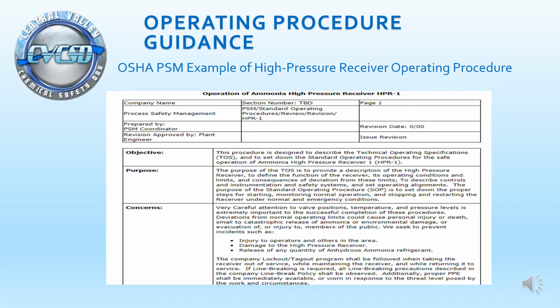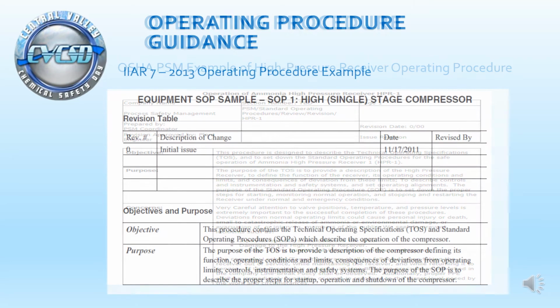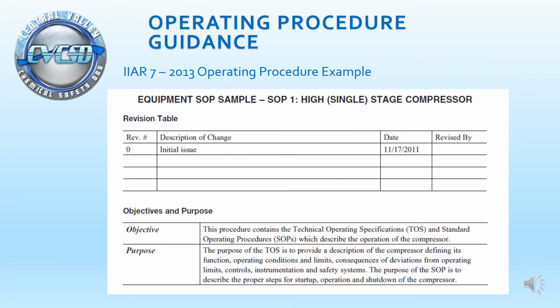In this case, it's for a high pressure receiver. And another reference would be from the previous version of IIAR 7 from 2013. It includes a sample SOP for a high stage compressor. These SOP examples have now been moved to one of the other IIAR reference documents.